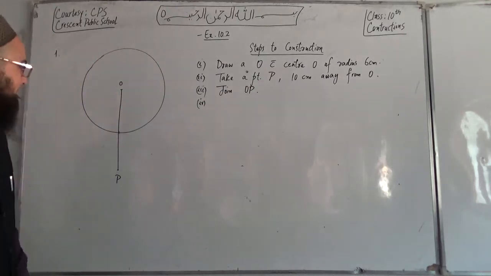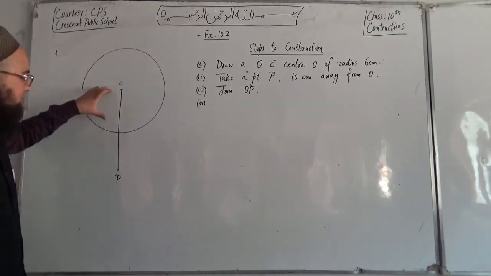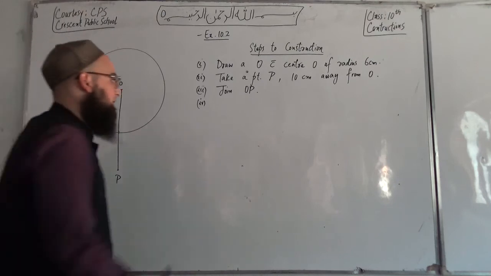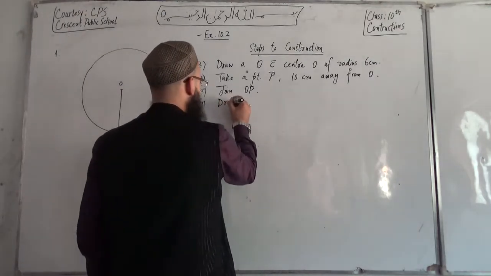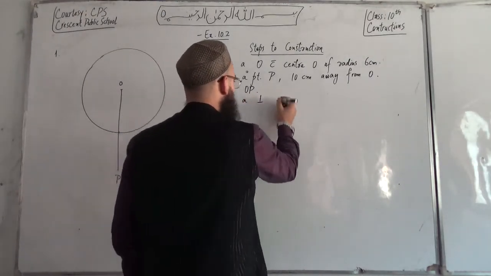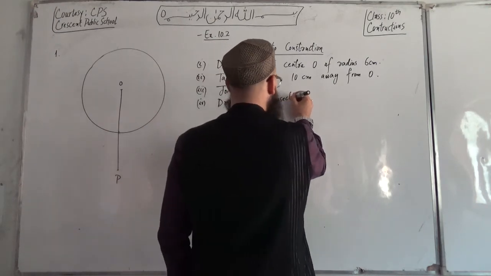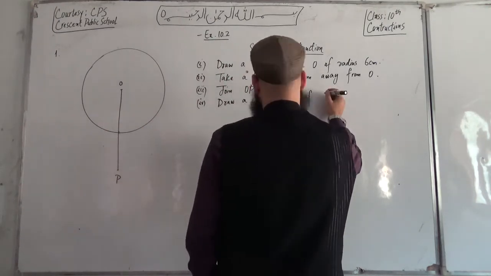The next step is to draw a perpendicular bisector of OP. Draw a perpendicular bisector of OP.